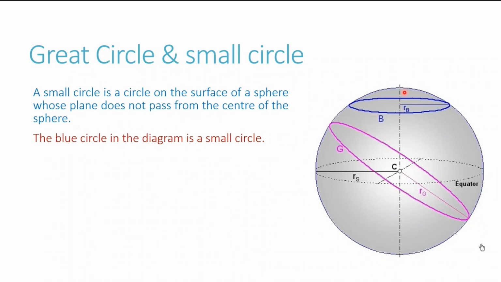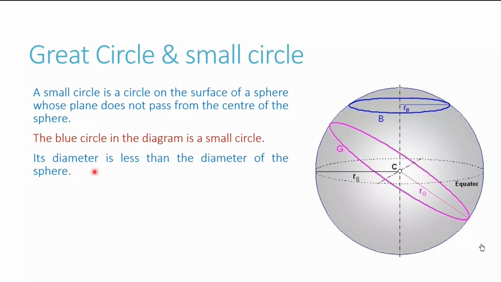This is a small circle, because you can see the plane of this particular circle does not pass from the center of the sphere, which is at point C. So all these circles whose plane does not pass from the center of the sphere are called small circles.